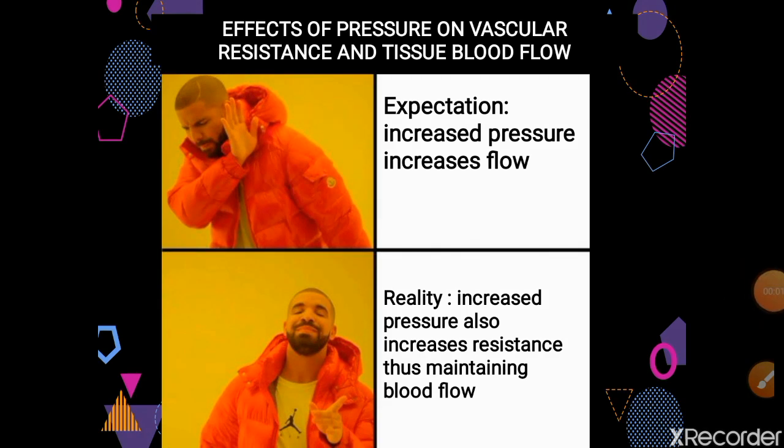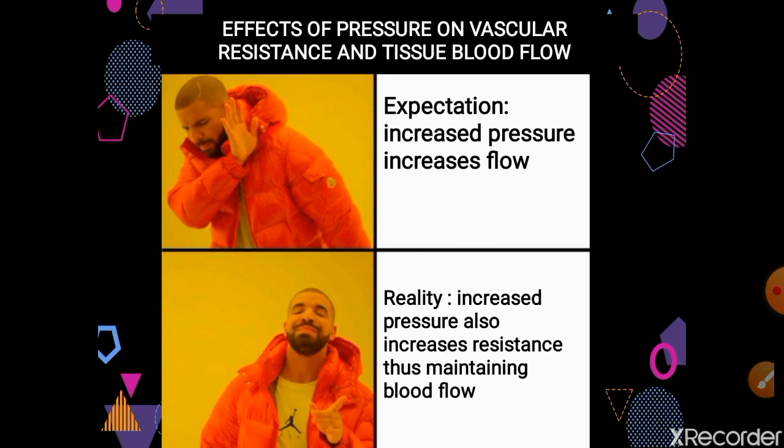So, coming to the last slide of this very long lecture, let's see what is the effect of pressure on resistance and blood flow. From what we have discussed so far, most of you might think that if we keep on increasing the arterial pressure, we may have larger blood flow.